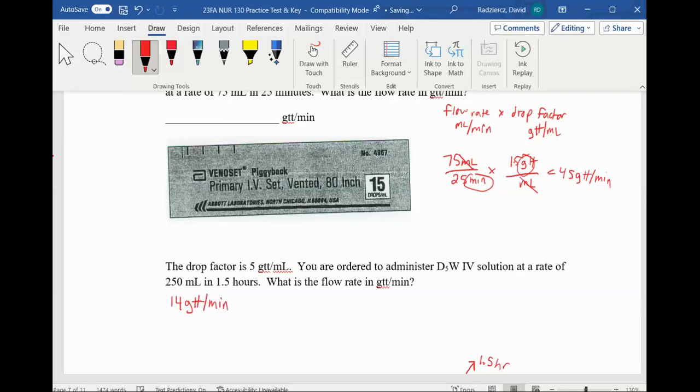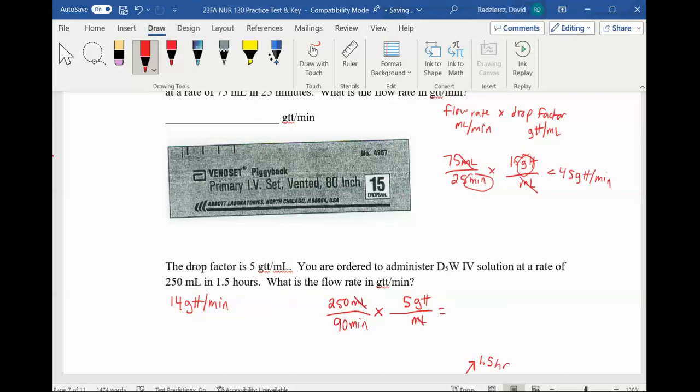Now, because some of the answers are all over the place, let me show you my work. I'm going to start off with my flow rate, 250 milliliters. And then it says 1.5 hours. We've seen that before. We know that that's also equivalent to 90 minutes. Then I'm going to multiply by my drop factor, 5 drops per milliliter.